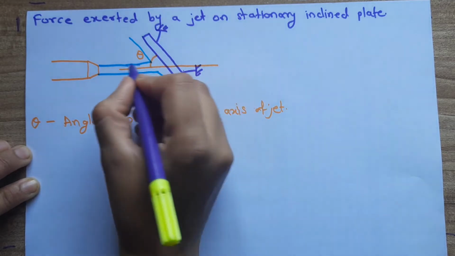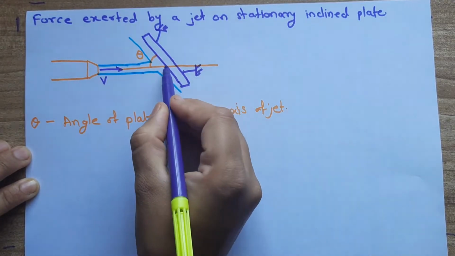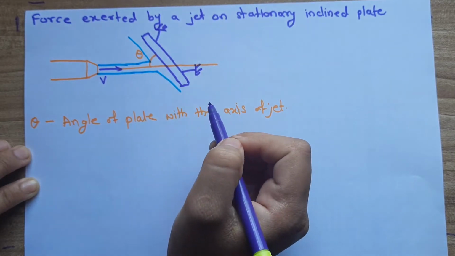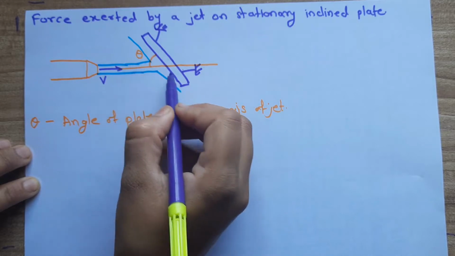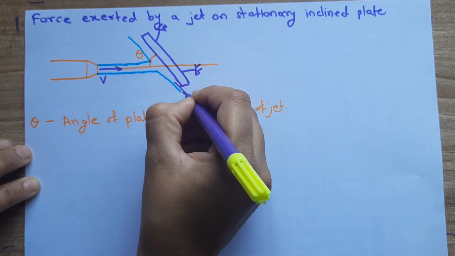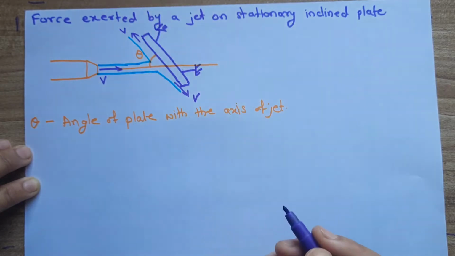Now here is the velocity v. When that velocity strikes over here, it will get diverted into two directions, and at exit you will also get the velocity as v.